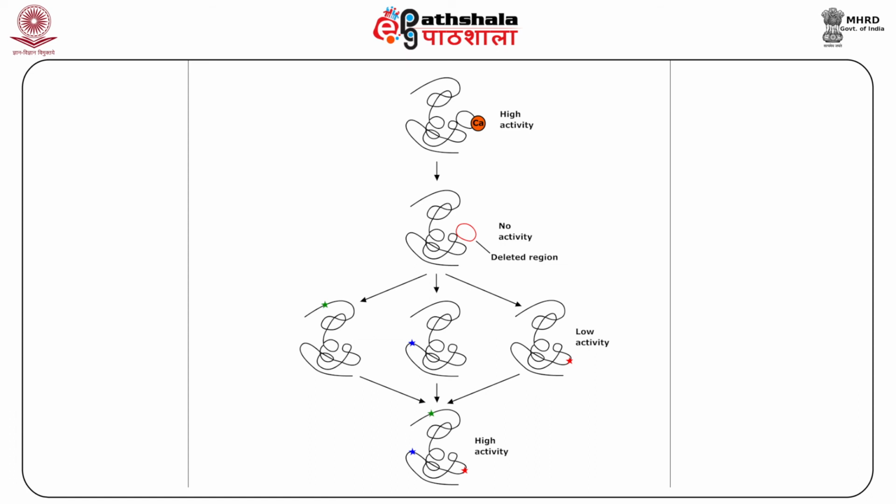In this case we are allowing secondary mutations to happen. These stars show the secondary mutations which came because of random mutagenesis, and these now possess better activity than this molecule. Now all three mutations can be pooled into one to have a final molecule with high activity. So this is how to make a subtilisin molecule calcium independent.